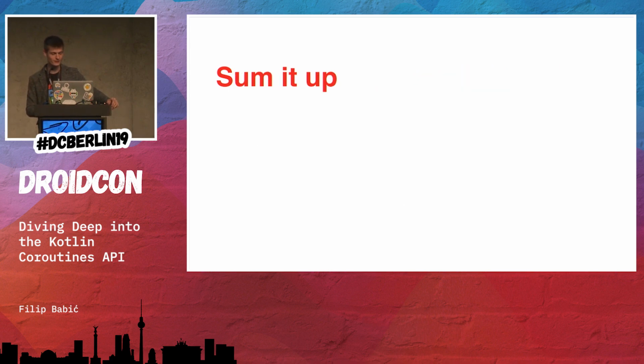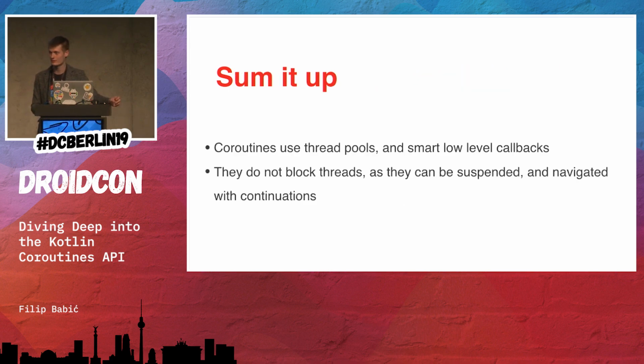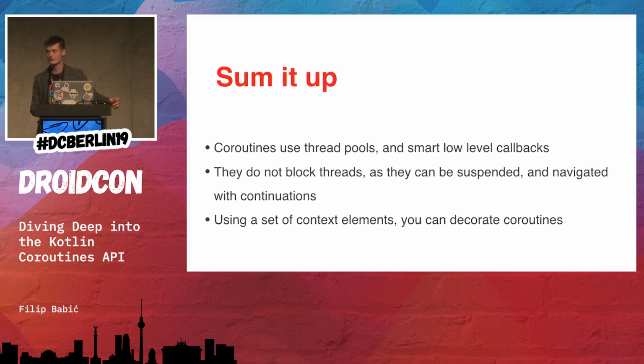And to sum it up, coroutines use thread pools, which are pre-organized for you, so they don't really create any additional overhead. They use smart low-level callbacks to communicate between the threads and the functions themselves, so you don't have to do any thread communication or synchronization on your own.